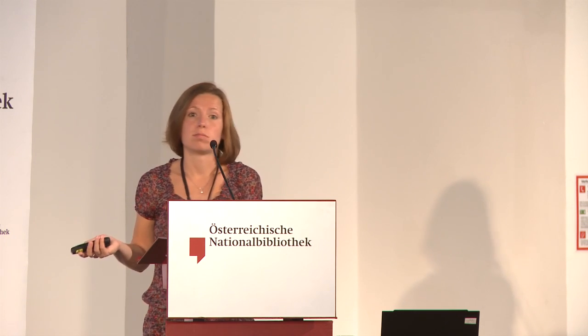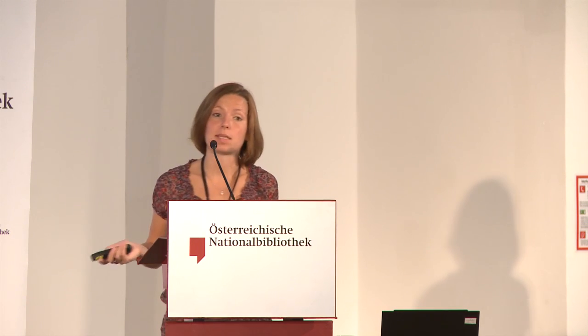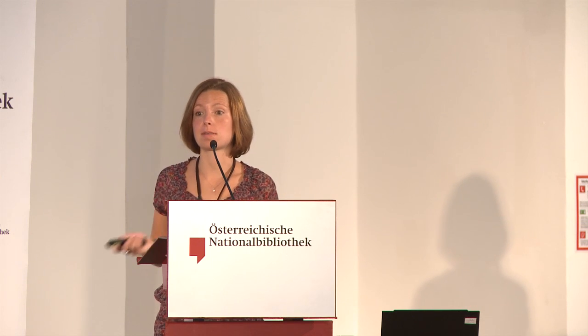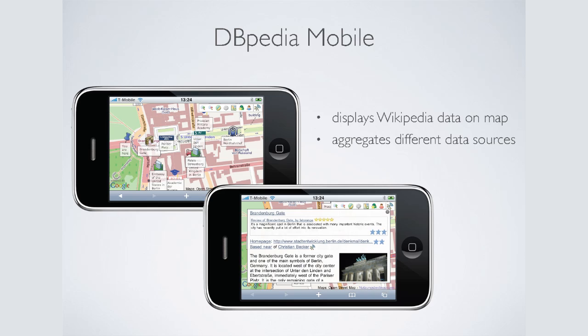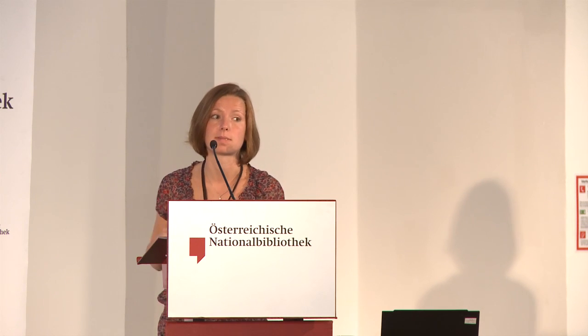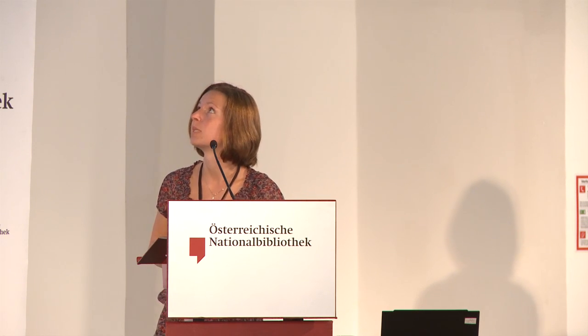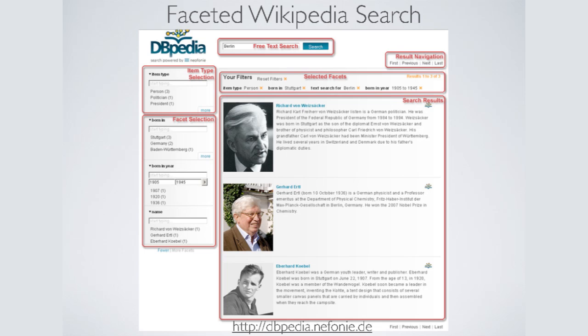The dataset can be used in different applications to enhance and visualize your data. In this case, you see Wikipedia Mobile, a mobile travel guide, which displays geocoded information on a map, and also integrates different other data sources. It can also enhance Wikipedia search. You can do faceted search on the data.